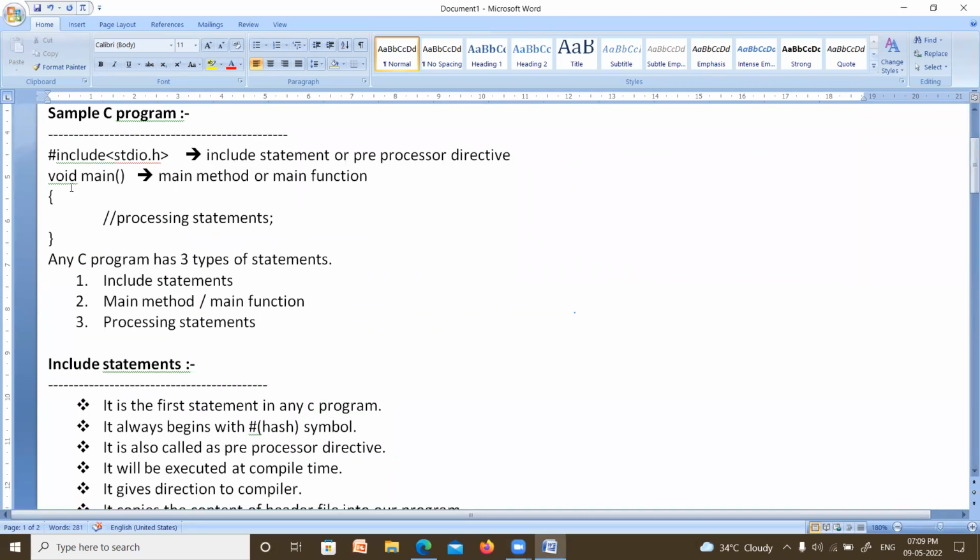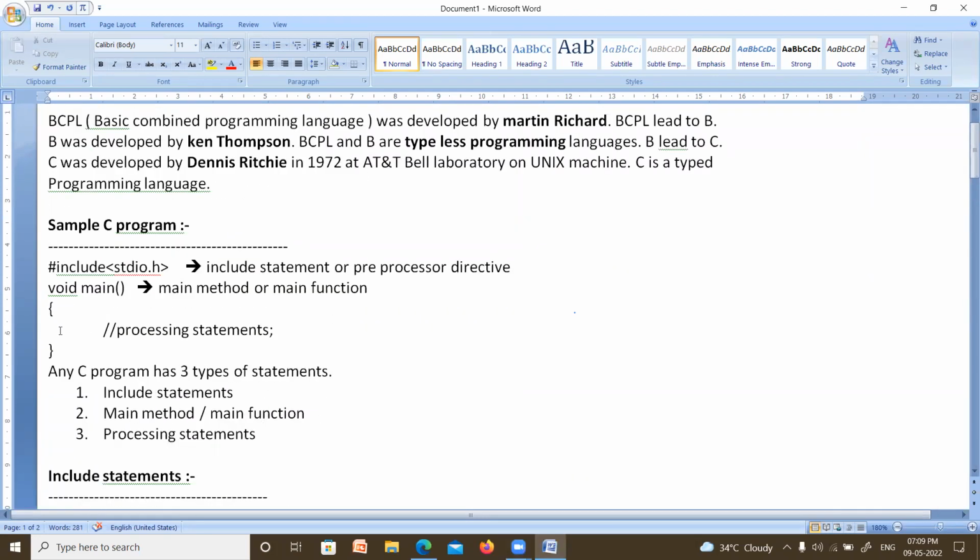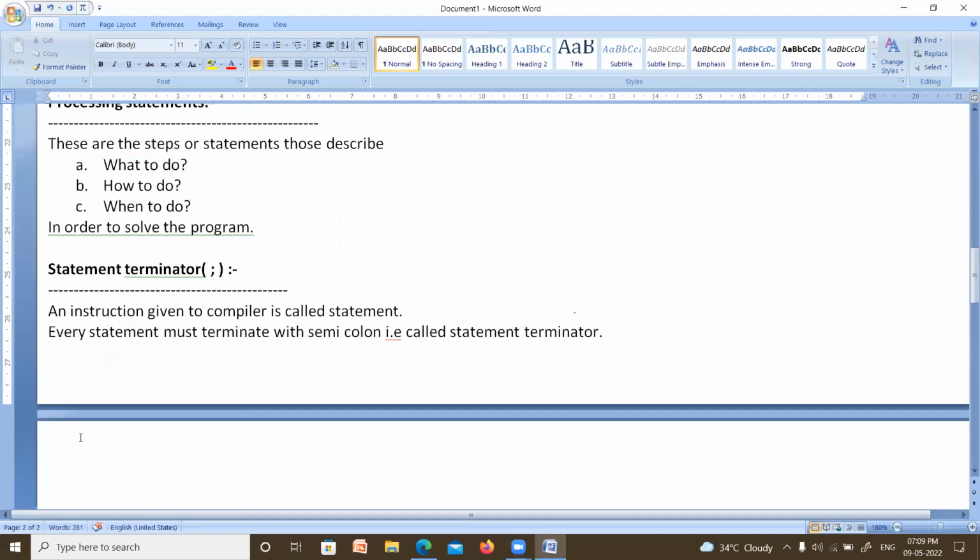Right. Now see, this is a sample C program. Hash include stdio.h, void main, open curly bracket, closing curly bracket, and inside them the processing statements. Why do we have to use the open curly bracket there? Whenever you purchase a site, you stick some stones at the edges.